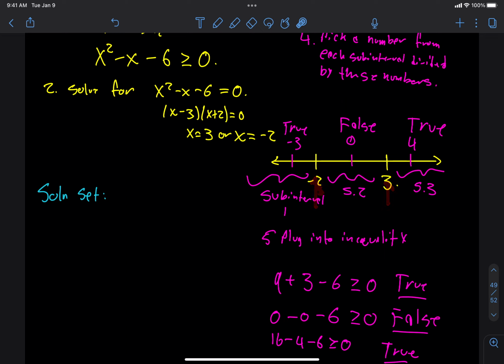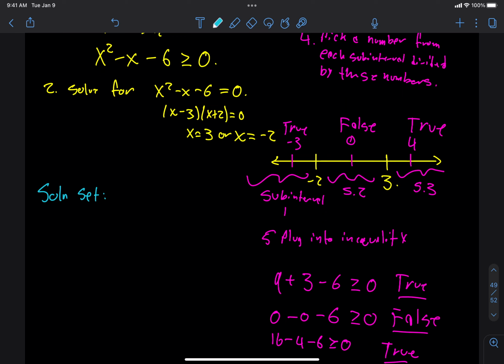You're getting ahead of us, though. The question is, if I plug in -2, will the inequality be true? Yes, it will be, because -2 will make this side 0. And 0 is larger than or equal to 0, right? It's equal to 0.